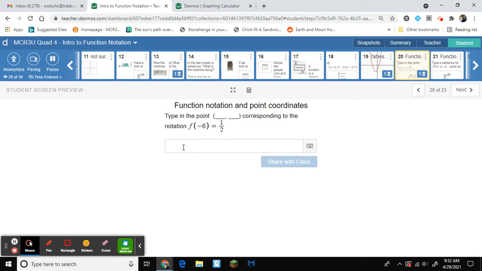Here, type in the point corresponding to the notation. This one should be easy. So again, -6 is the input, or the x, and then the output is 1/2. To get 1/2, if you just hit the backslash button, it turns it into a fraction, and then move it over, close my point, and there we go.